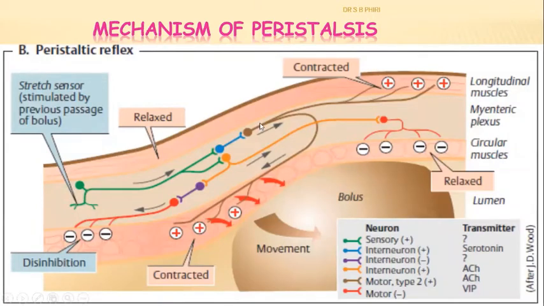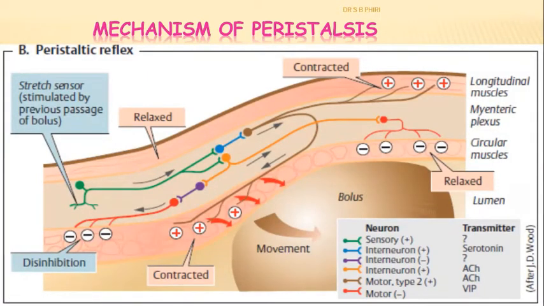Once this motor neuron has been stimulated by the interneuron, it is going to transmit action potentials that will stimulate the longitudinal muscles above the bolus to contract. When these longitudinal muscles contract, the segment of the GIT is going to shorten.